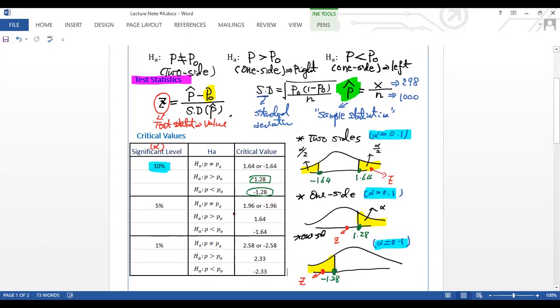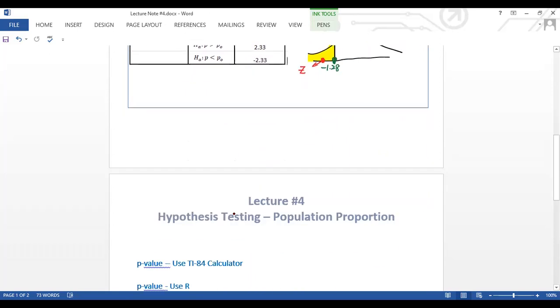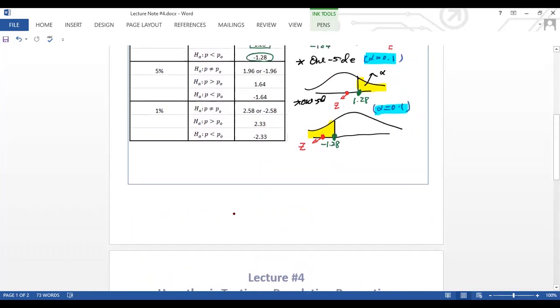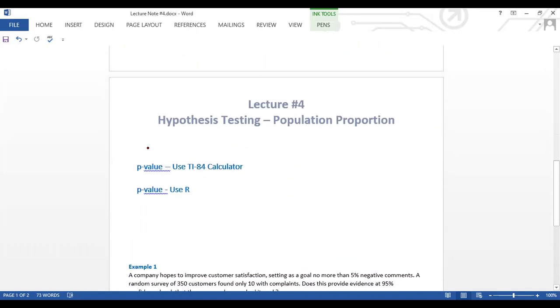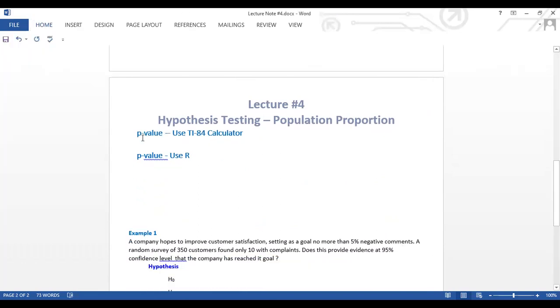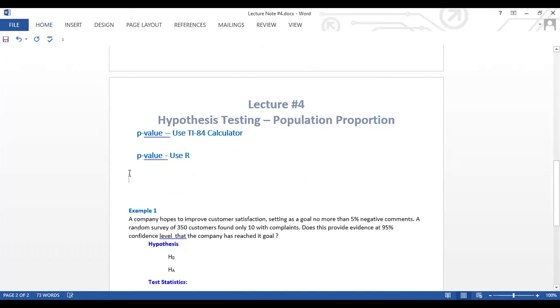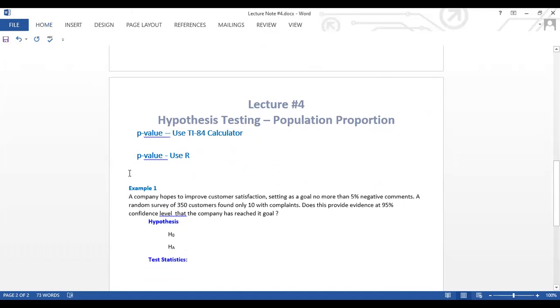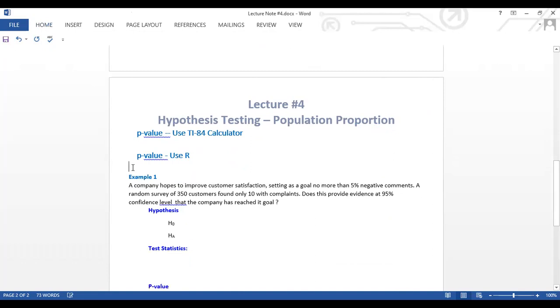If you do want to calculate the p-value, you have two ways to do it. One is to use the TI-84 calculator, and the other is to use R. I'm going to show you how to use the TI-84 and how to use R with these examples, so you can see how easy it is.